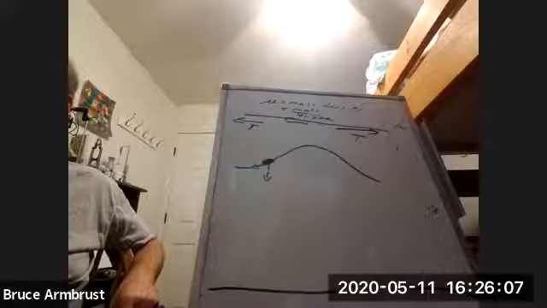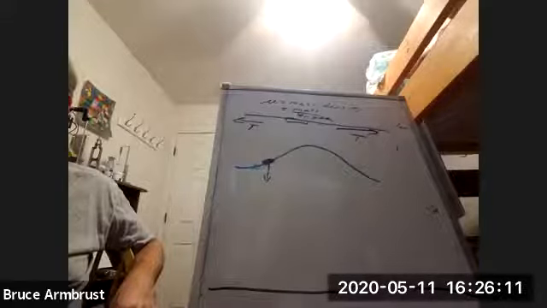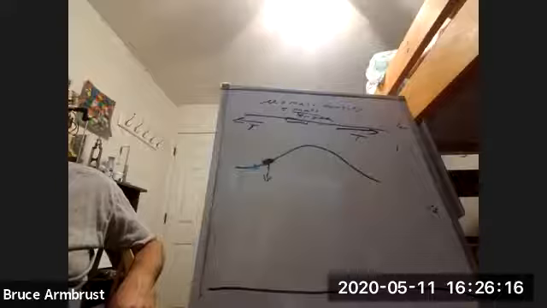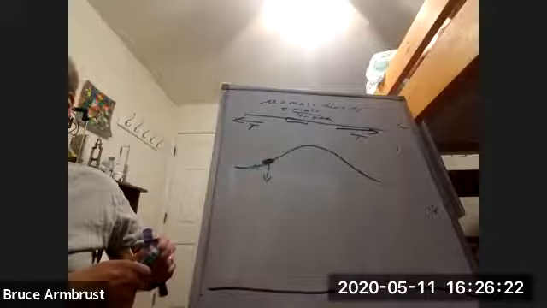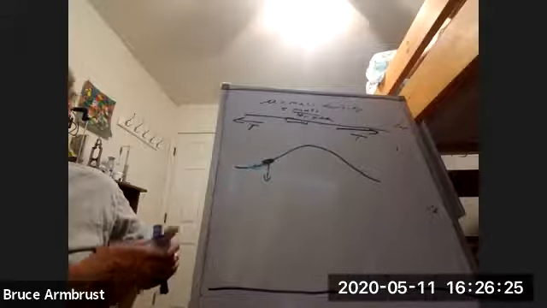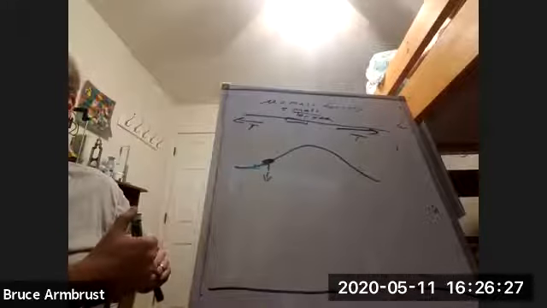But we do know that there's going to be that tension. All right, so that's what we got going on there, right? And so when we put it all together, the net force here is going to be add those pieces.